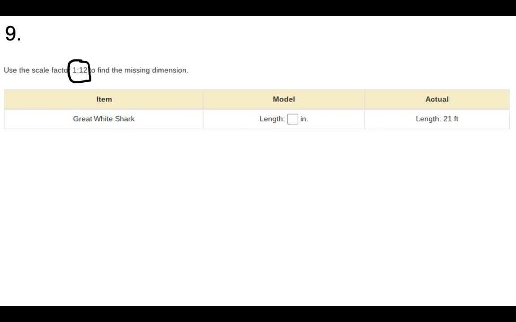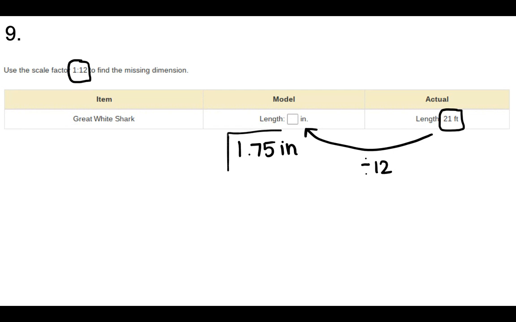So if they give us 21, to go from the actual to the model, I need to divide by 12 because for every 12, there's one of the model. So I'm going to divide this number by 12, essentially go backwards, and I get 21 divided by 12. That gives me 1.75 inches. And that is your answer right there, 1.75 inches.